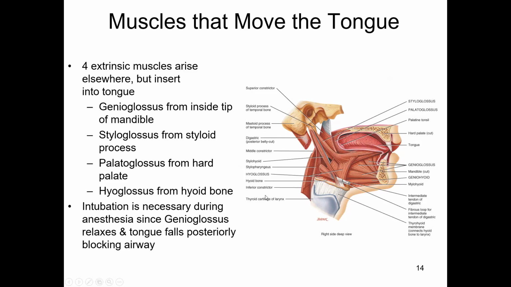And we have hyoglossus originating from the hyoid bone. So these muscles with very different origins can create the movement of the tongue. When we speak, we need very specific movements of the tongue, but we also need the tongue to move during swallowing, really important for the proper working of our digestive system.